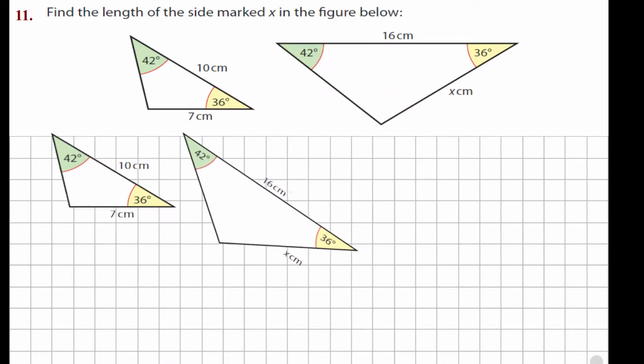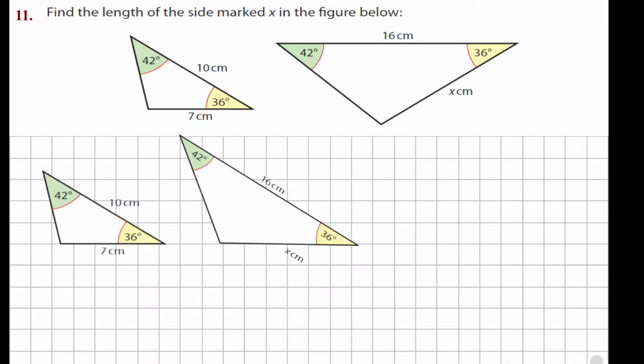In order to work out the missing sides, I need to map corresponding sides. So I need to make them look the same first. You can see there, they now look the same. Here they don't. But if you put them side by side like this and put the same angles in the same places, then it's much easier to map corresponding sides.